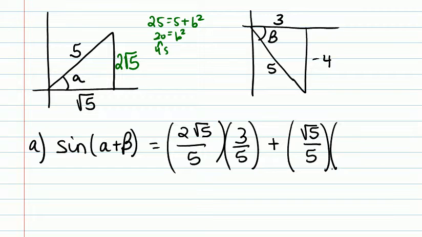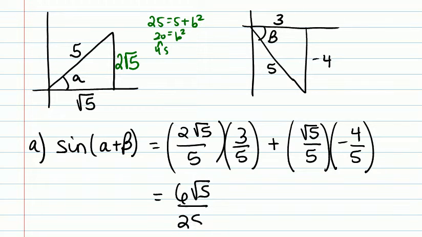And now it's just a matter of doing math with fractions. So we have 6 root 5 minus 4 root 5. Our answer is 2 root 5 over 25.